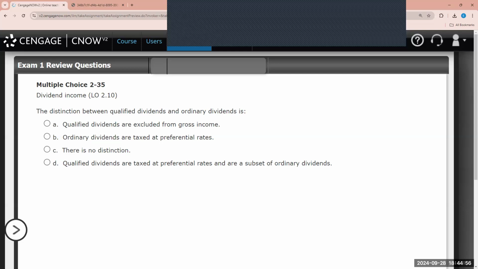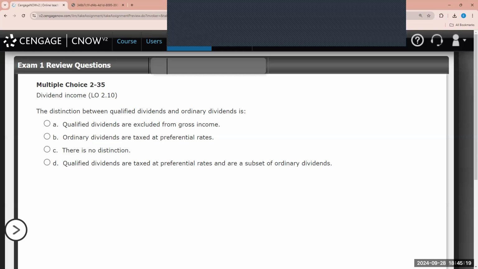Ordinary dividends are also considered qualified dividends if the stock is held for a certain amount of time, generally 60 days, and the dividend is issued by a U.S. corporation. If the ordinary dividends are not qualified, then they're taxed at the ordinary tax rate. So that's one key thing to keep in mind.